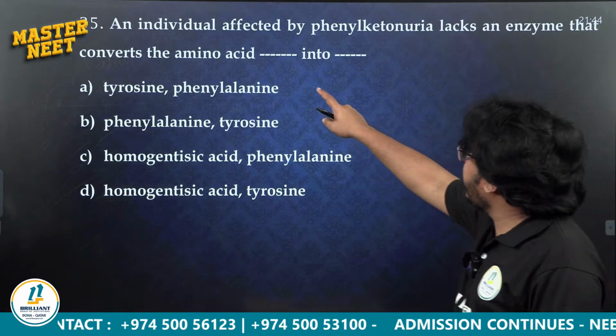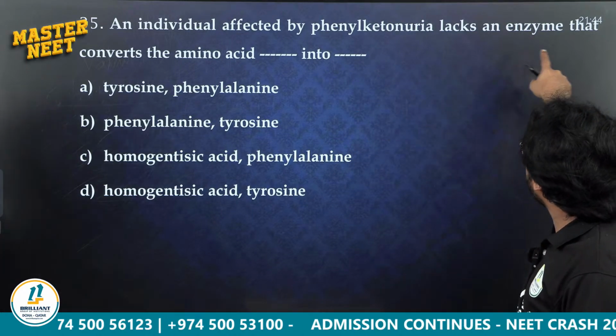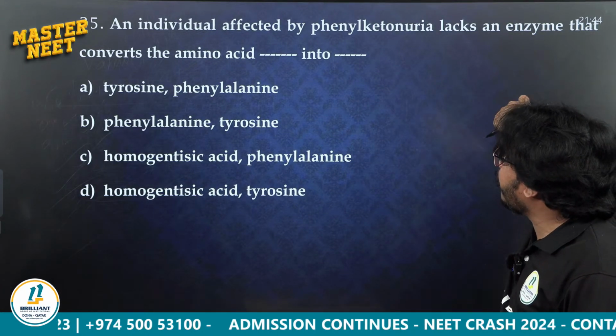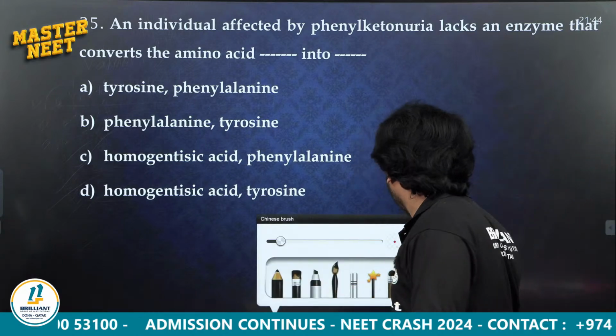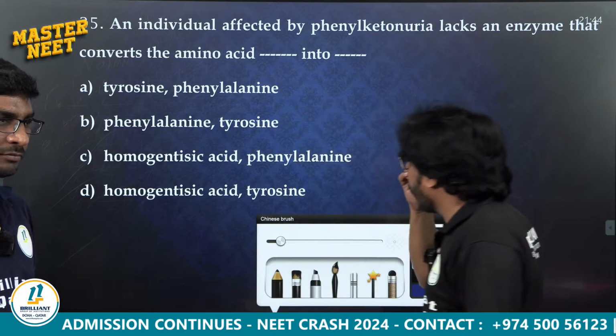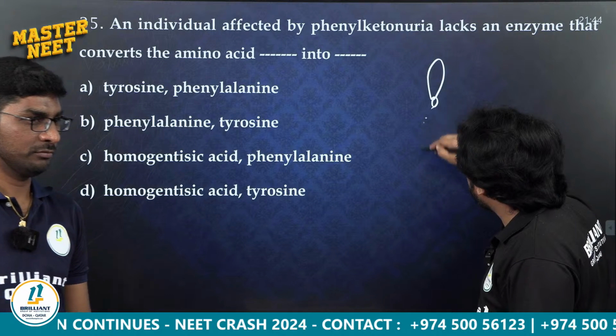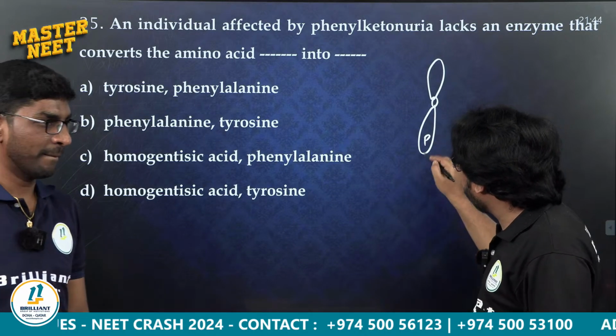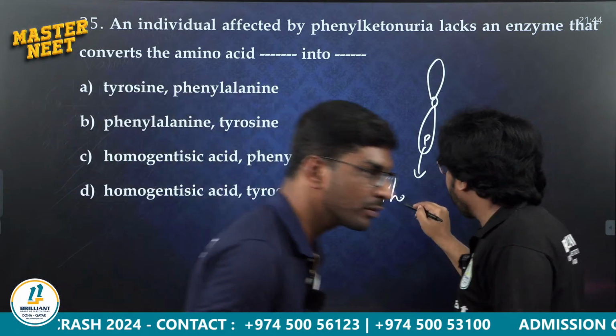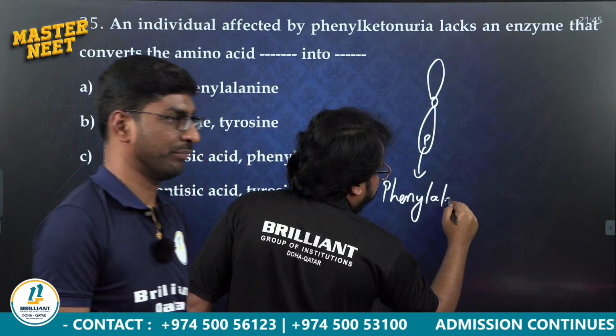Next one. An individual is affected by phenylketonuria, lacking the enzyme that converts the amino acid. Here you should remember, in phenylketonuria there is a chromosome having capital P, which will produce the enzyme phenylalanine hydroxylase.